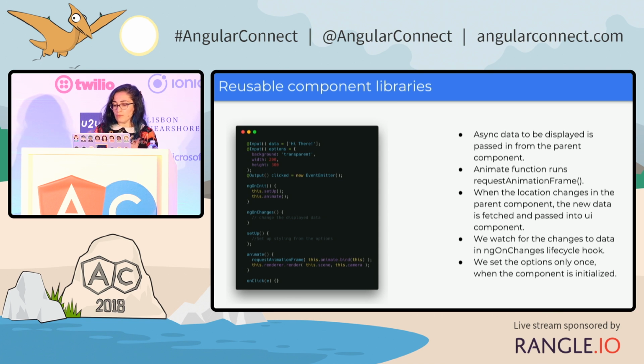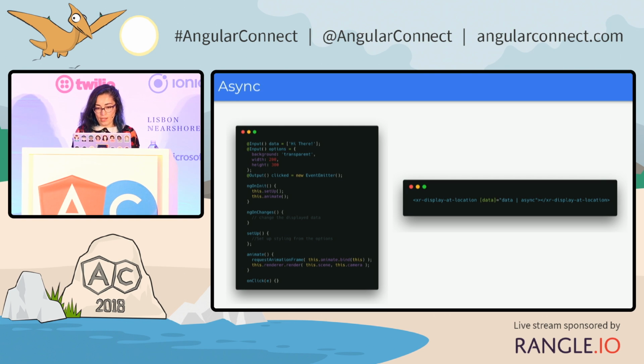The data that we have in this case is going to be locational data that's coming asynchronously, and is going to be in my feature library, which has the smart components with the state in it. And I can pass in this data using the async pipe in my smart components to my view components.